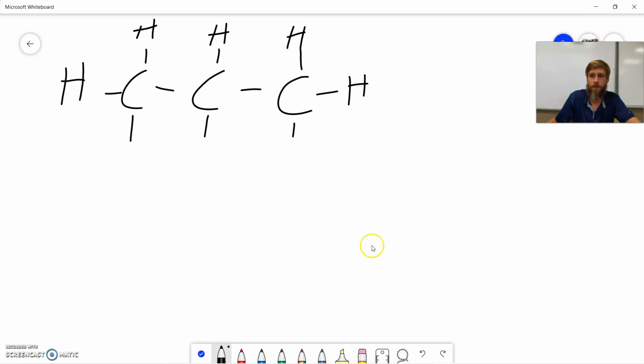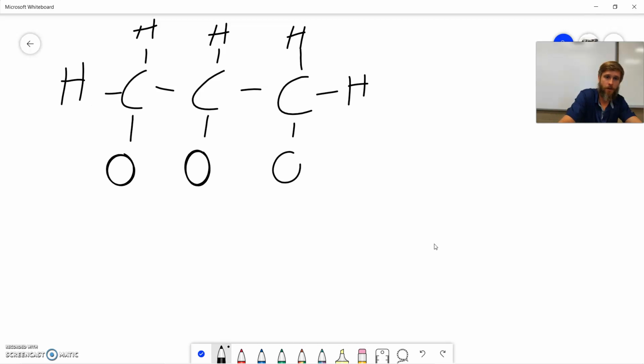So what is it that fills in these bonds? Well, it says in our notes that the glycerol is an alcohol, and alcohols have oxygens. Okay, so we have our oxygen. So we have our glycerol head.